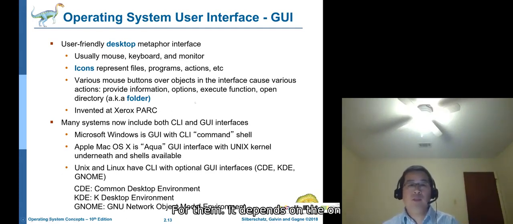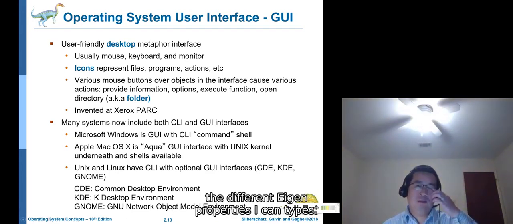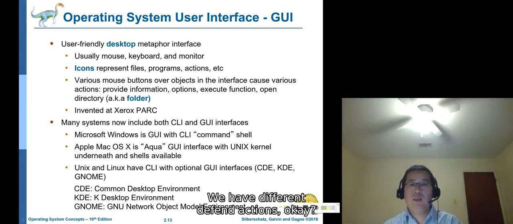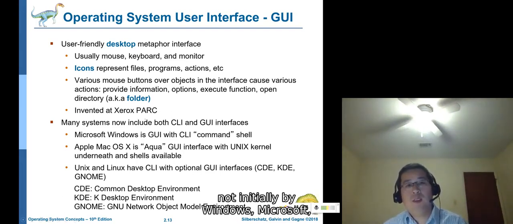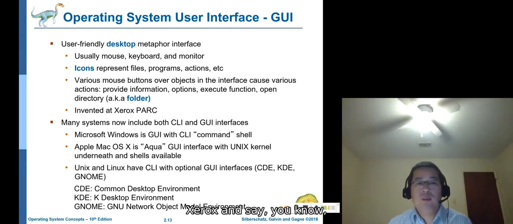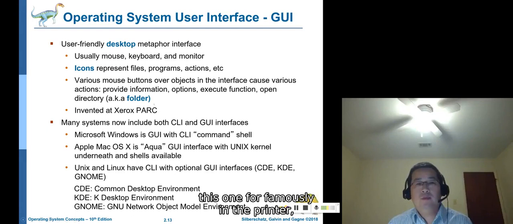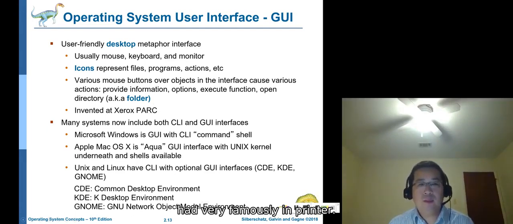So that means it depends on the different icon properties, icon types. We have different actions. Okay. So this one, in fact, was invented by Xerox, not initially by Windows, by Microsoft. So this is Xerox. I think you know this one, famous for printers, very famous one, printer.